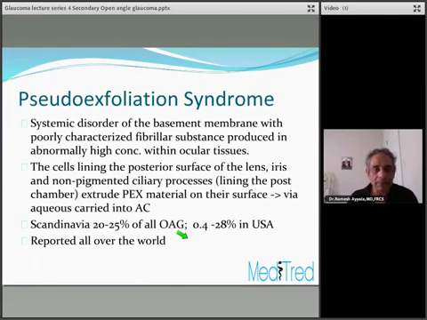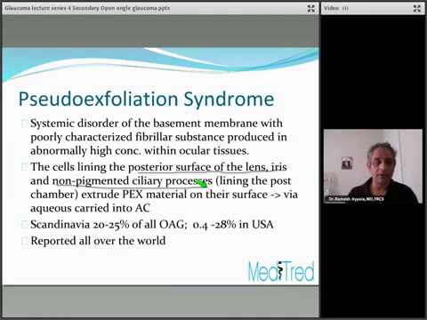So the actual material that's causing the disease process is from the cells lining the posterior surface of the lens, iris, and the non-pigmented ciliary processes. Remember, this is the area that outlines the posterior chamber.